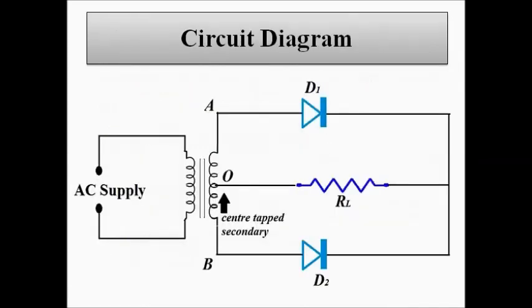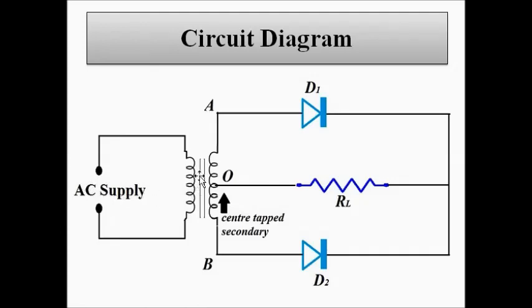So this is the circuit diagram of a full wave rectifier, that is the center tap full wave rectifier. So here we have the AC supply, which is connected across the primary winding of the step down transformer. The AC supply is 230 volt 50 hertz.